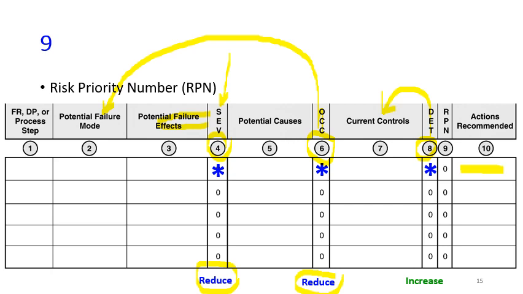Or we can also try to do better by increasing the detection capacity of our design control. So any of them will reduce the RPN number. So to reduce the risk, we can try to reduce the severity, reduce the occurrence, or increase the detection capacity. Or we may just do all of them simultaneously to reduce the risk priority number.